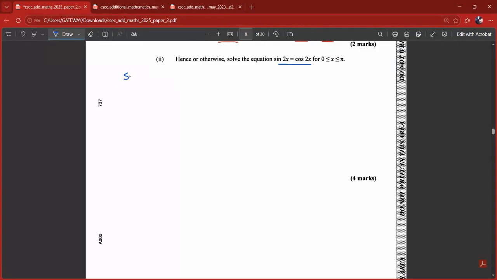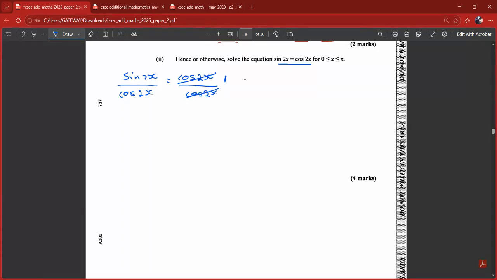So sine 2x divided by cosine 2x would be equal to cosine 2x all over cosine 2x. Now if you have cosine 2x divided by itself, obviously that will cancel off and you will get 1.